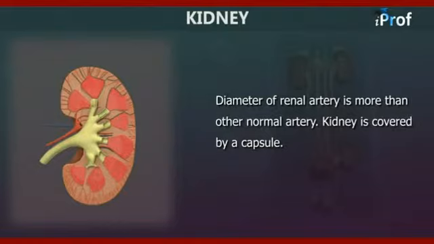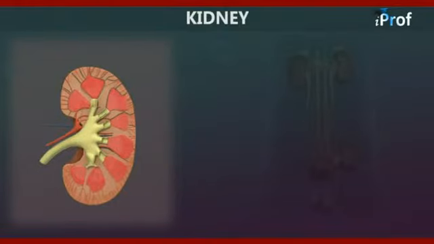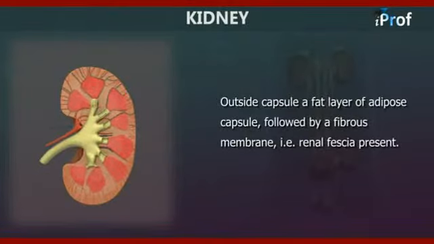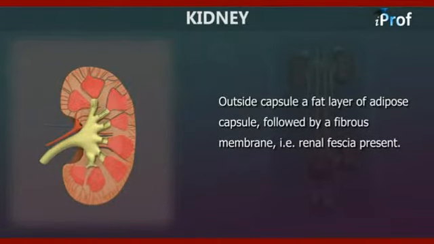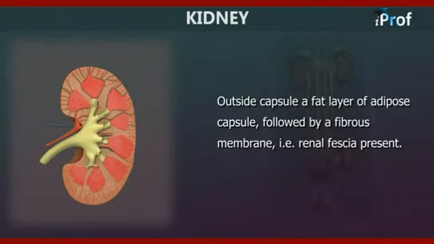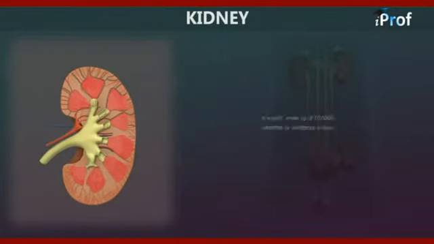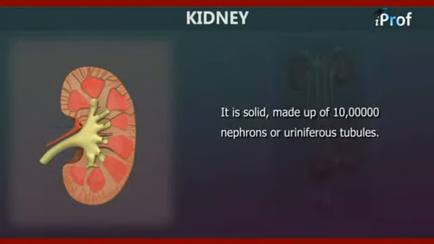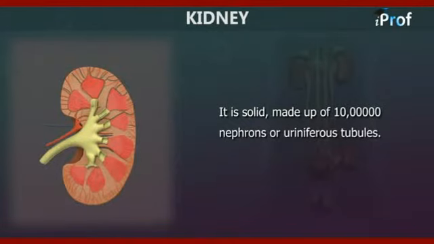Kidney is covered by a capsule. Outside capsule, a fat layer of adipose capsule followed by a fibrous membrane, that is renal fascia present. It is solid, made up of 10 lakh nephrons or uriniferous tubules.